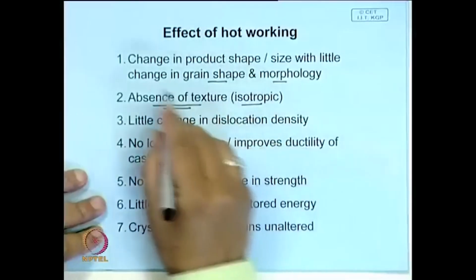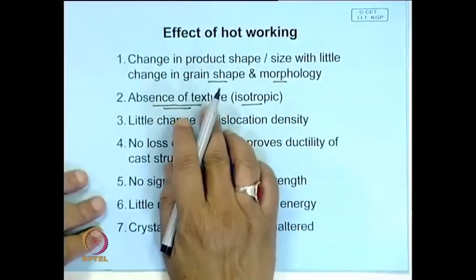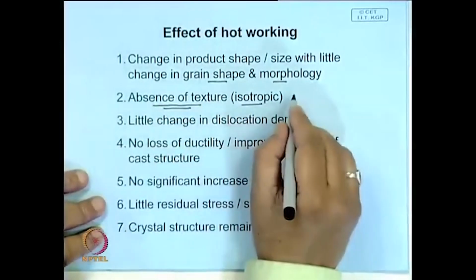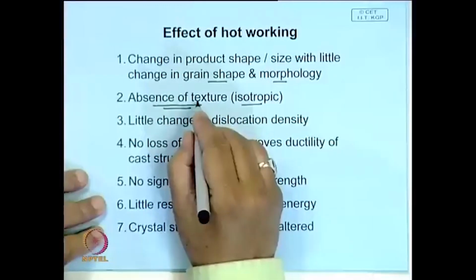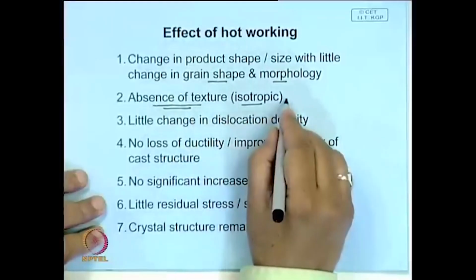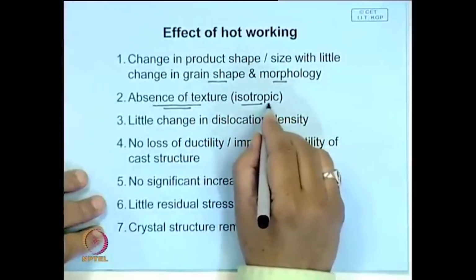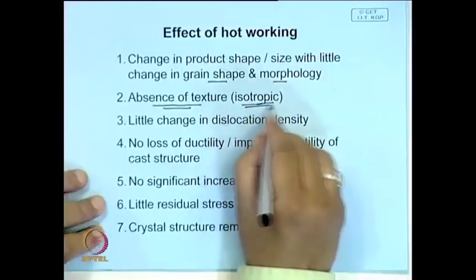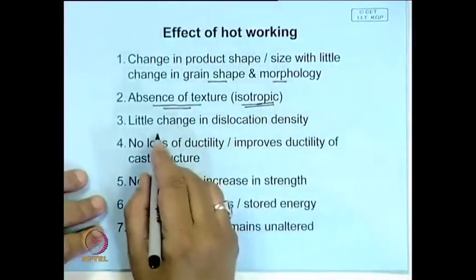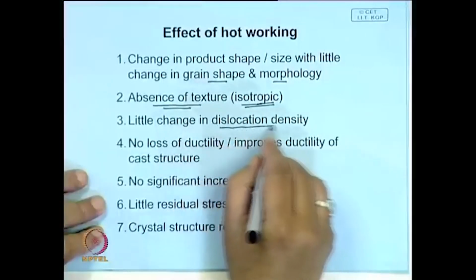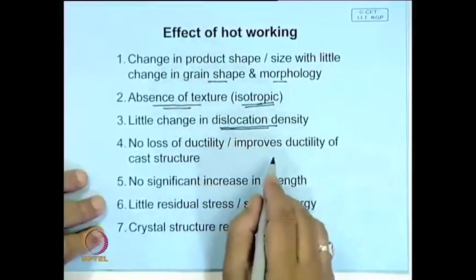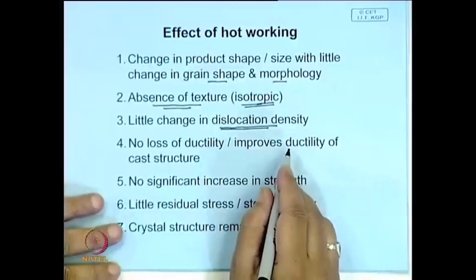But by and large, hot working does not lead to development of preferred orientation, and material property in polycrystalline material is isotropic.